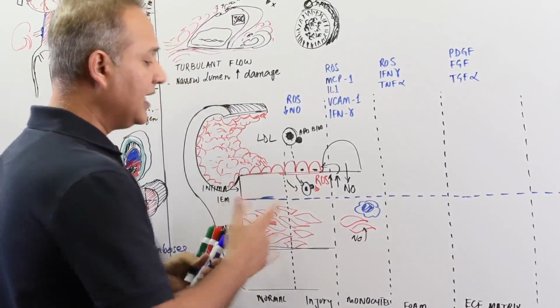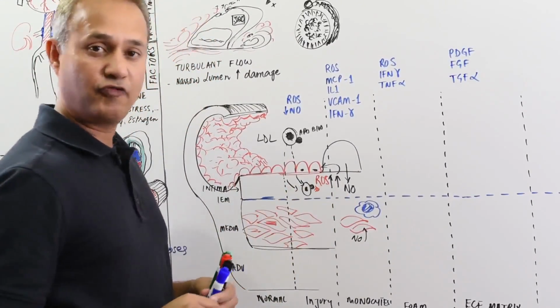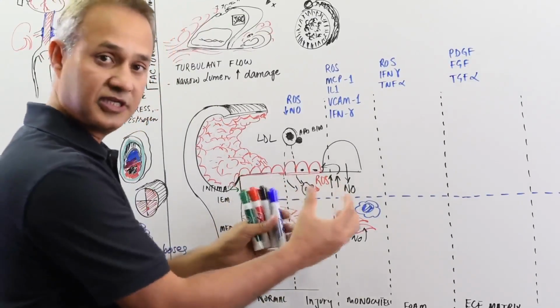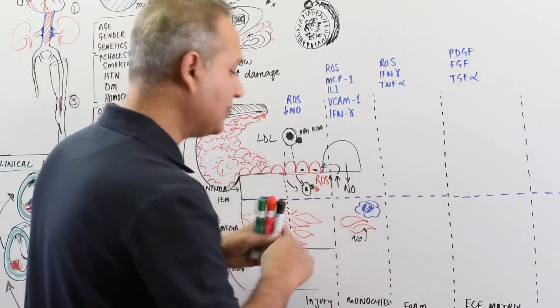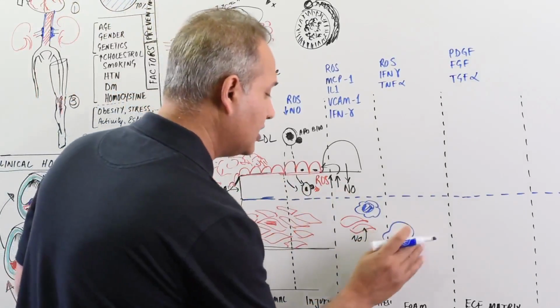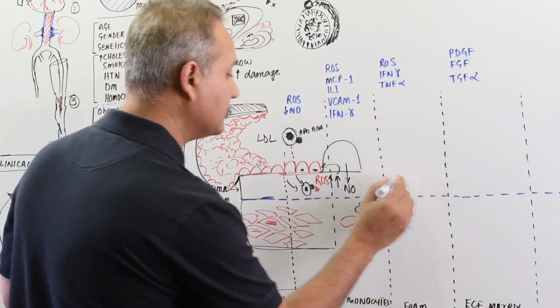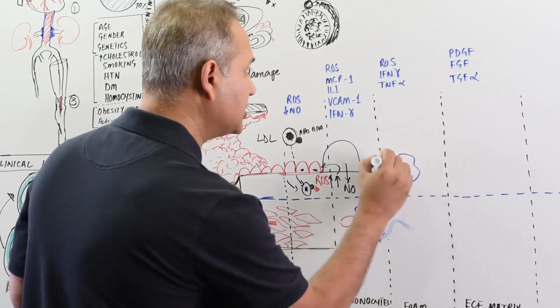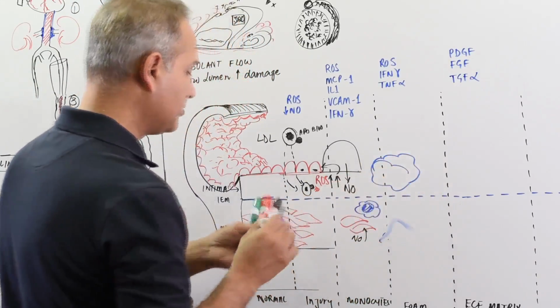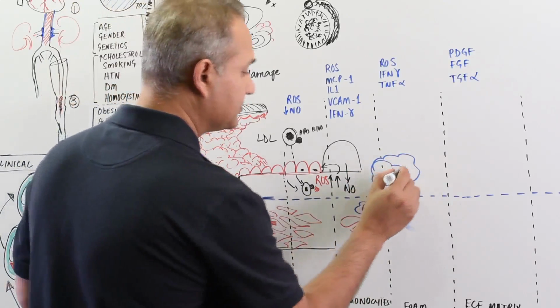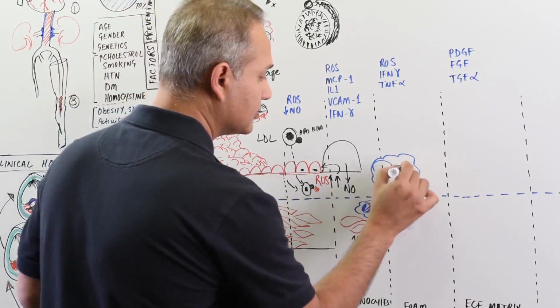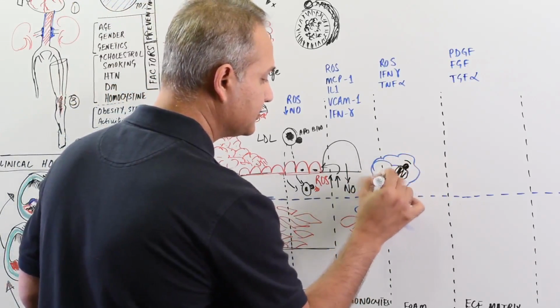Number one, it is taken up by the macrophages, which are present here already. So let me make a big macrophage here in the intima and put some oxidized LDLs in it.